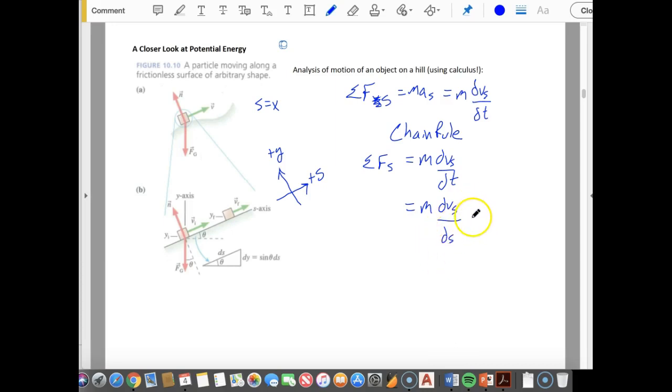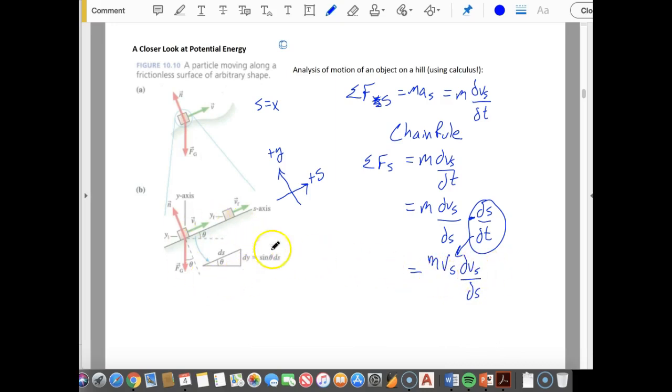So remember, if we put that on the bottom, when we do the chain rule, we can just say that's ds over dt. And we know that ds over dt is the same thing as dx over dt, and that is velocity. So now this changes from this expression to the expression mass times the velocity in the x direction, or the s direction. That's this guy right here. So this thing became that, and now we still need to put in our dvs over ds.